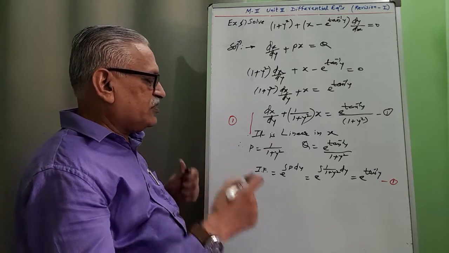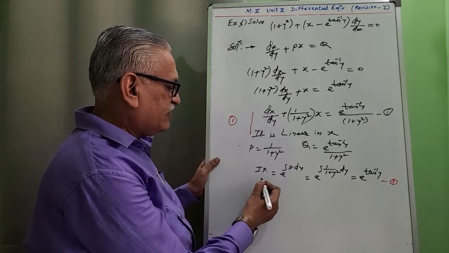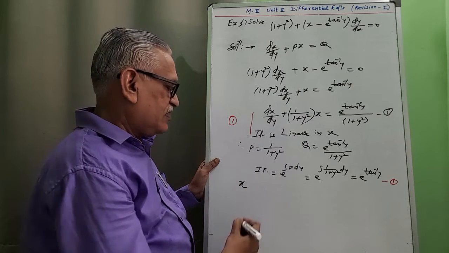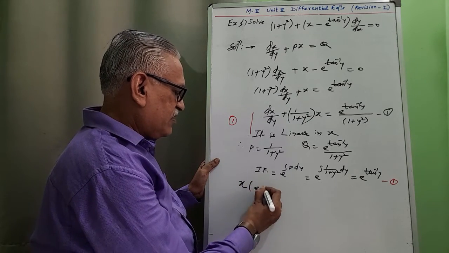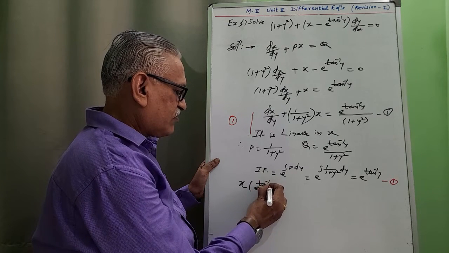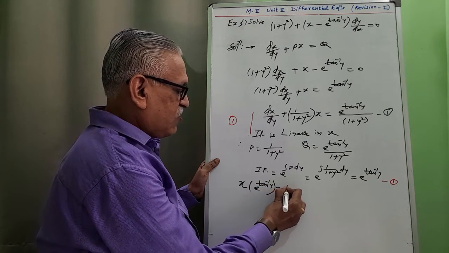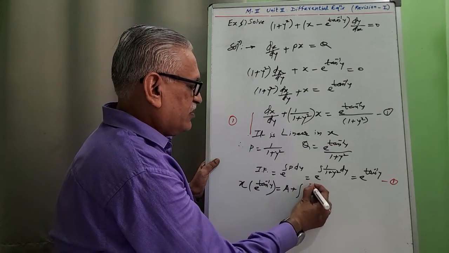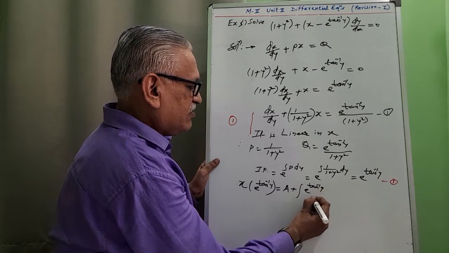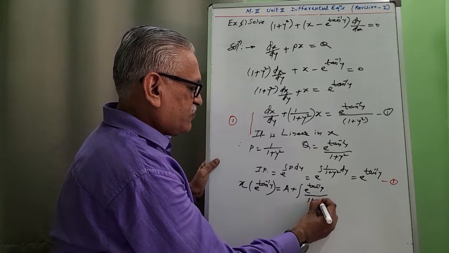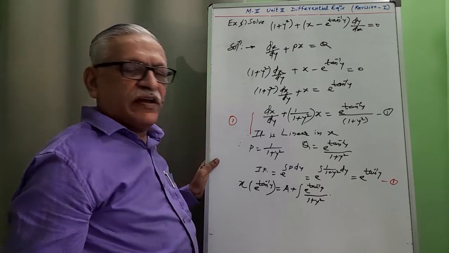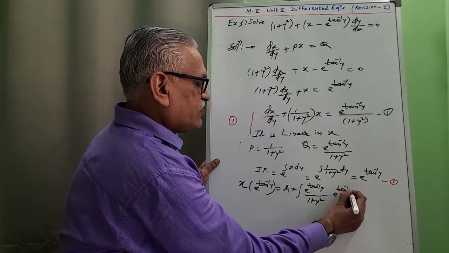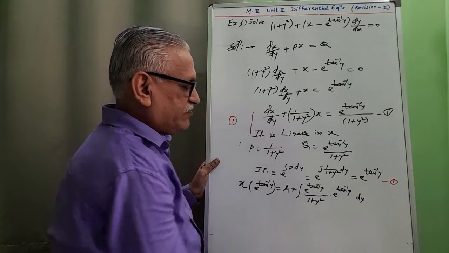And therefore, the solution is: the dependent variable, here x, into IF. IF is e raised to tan inverse of y, equals constant, plus integration of Q into IF, that is e raised to tan inverse of y divided by 1 plus y square into IF, e raised to tan inverse of y, dy.